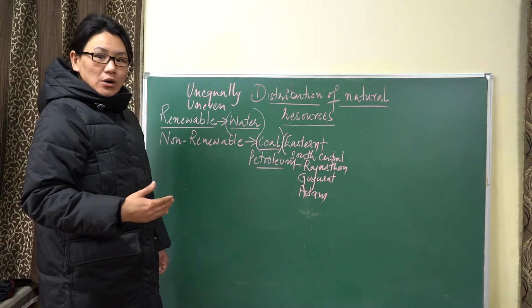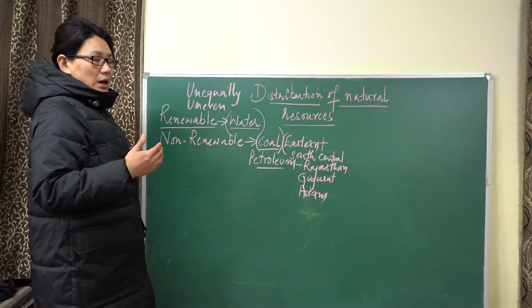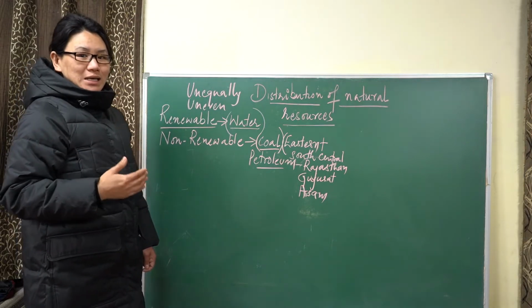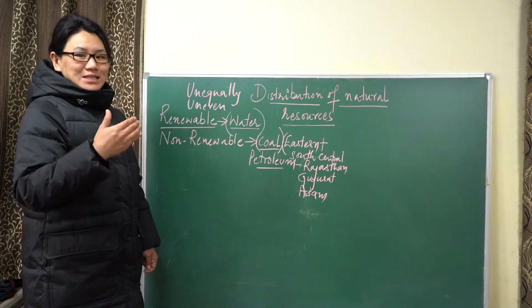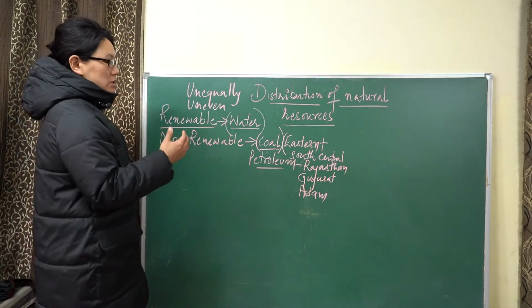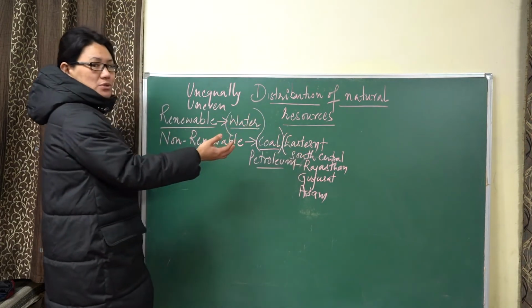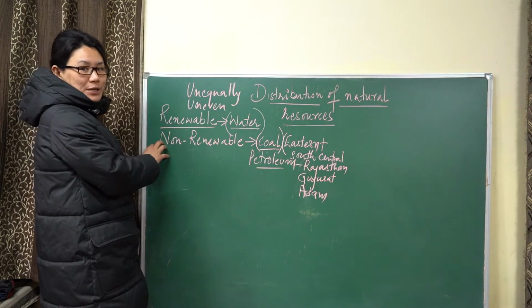Is that clear? So as I said before, the distribution of natural resources in India is uneven. Uneven means it is not equal. The resources which are found in one place, we do not get in other places.